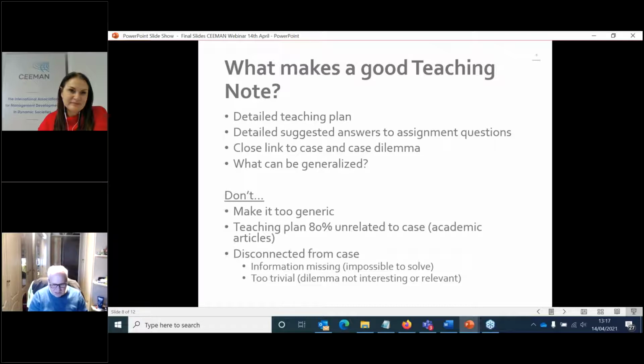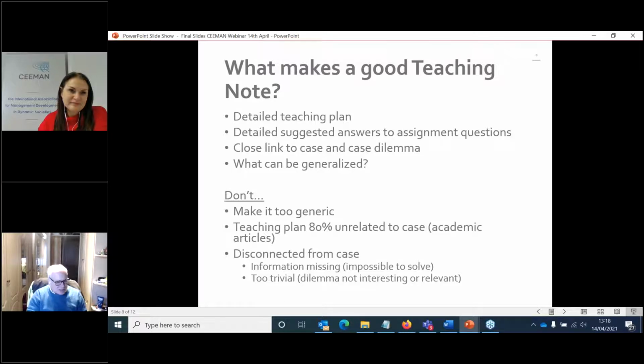The first one is that there was absolutely no information in the case to answer those questions, so it was impossible to answer based on the case. And in the teaching note, those questions were not even mentioned. So you have a case, you have a teaching note, they are not connected. And that is definitely not going to give you an award in the case competition if there's not a tight connection between the case and the teaching note.